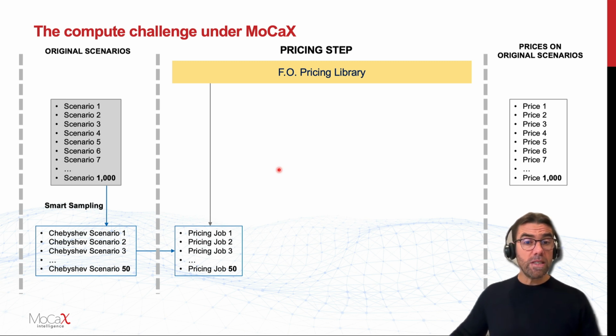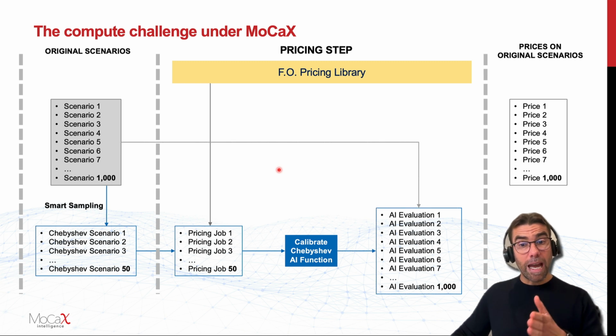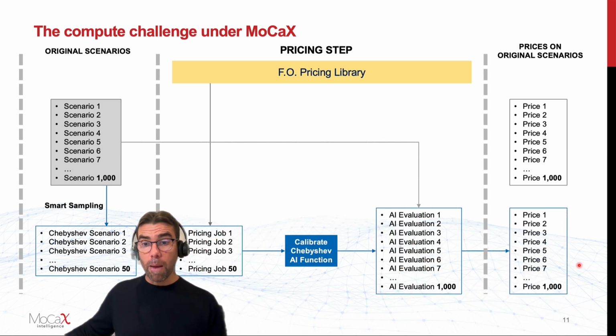Once we have these 50 values, we're going to pass them through the AI machine learning algorithm, and we're going to calibrate a function that we then evaluate in all the 1,000 scenarios to produce a P&L vector of 1,000 values.